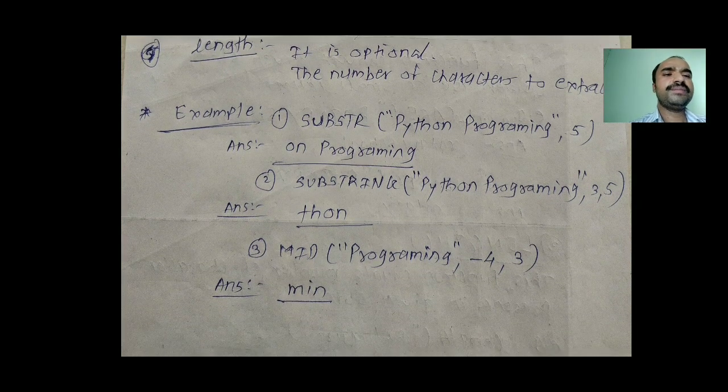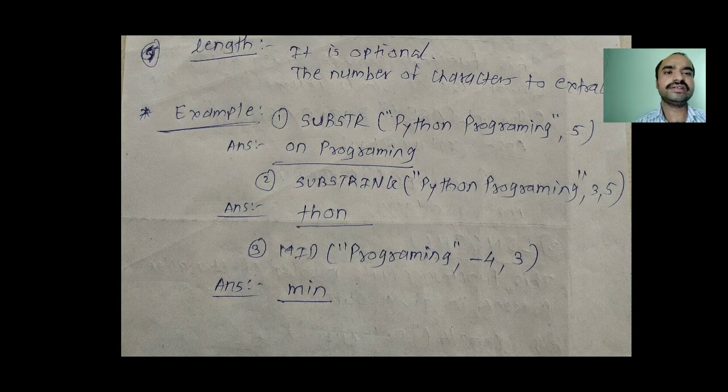Then the second example: substring Python programming 3 comma 5. Now see here, there are two parameters, 3 comma 5. So 3 indicates after the third character and 5 indicates 5 characters, meaning you start the string from the third character and in that specific string 5 characters will be there. Don't get confused about 5. 5 is not a position, 5 is the number of characters after the given position.